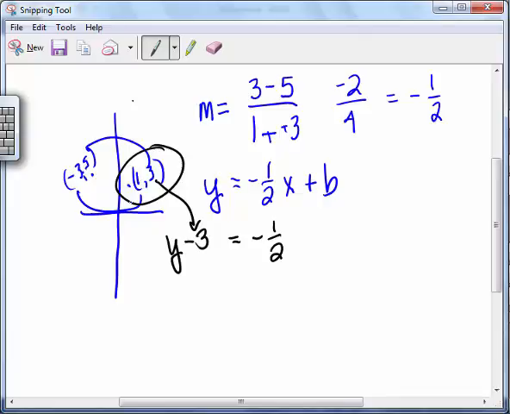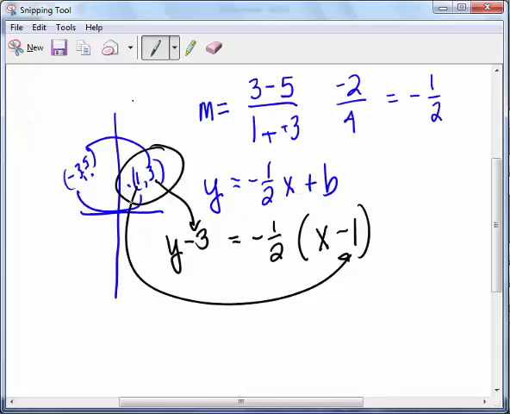of x minus 1, because that's our x coordinate. Okay. Y minus 3 equals negative 1/2 x plus 1/2, right?